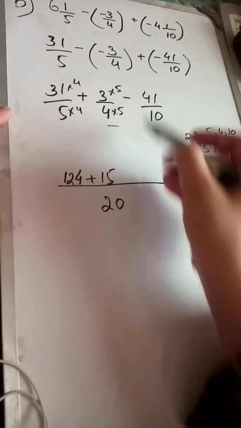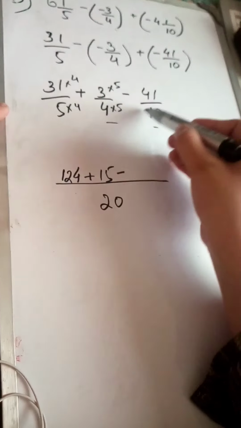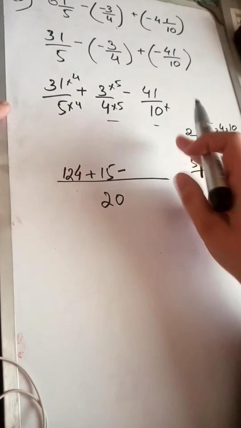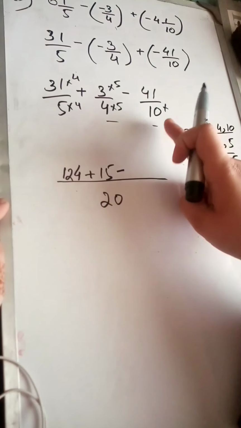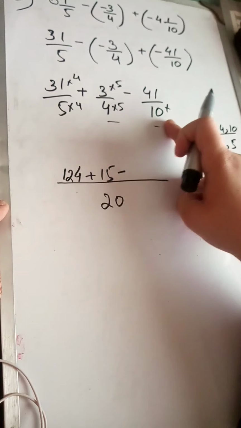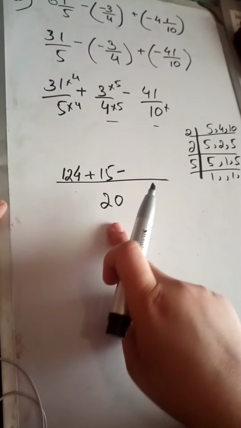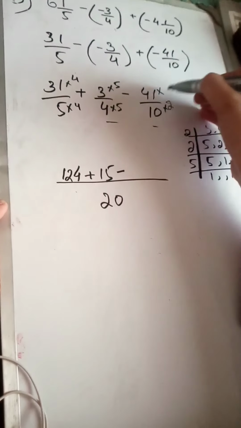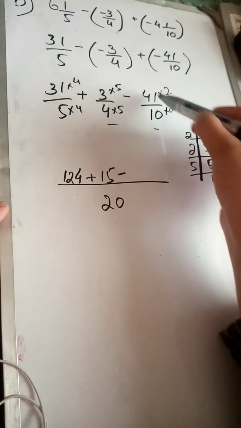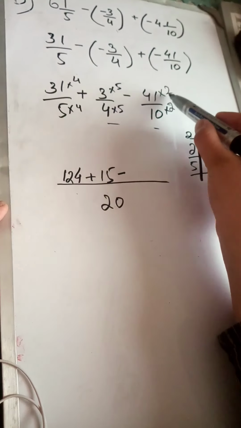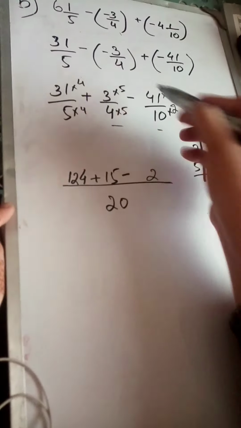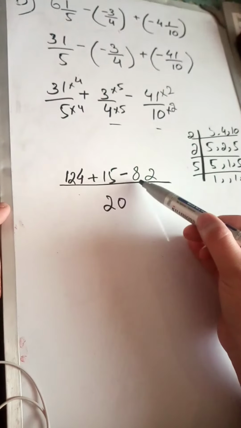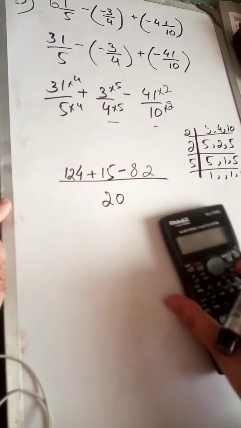What is the next sign? Minus. Now when we multiply 10 with 2, it becomes 20. You always see the denominator, by which number you multiply your denominator, the numerator is multiplied by the same number. So multiply that 2 also with the numerator. 2 1s are 2 and 2 4s are 8. That means when we multiply 41 with 2, we get the answer 82. Now we solve that.